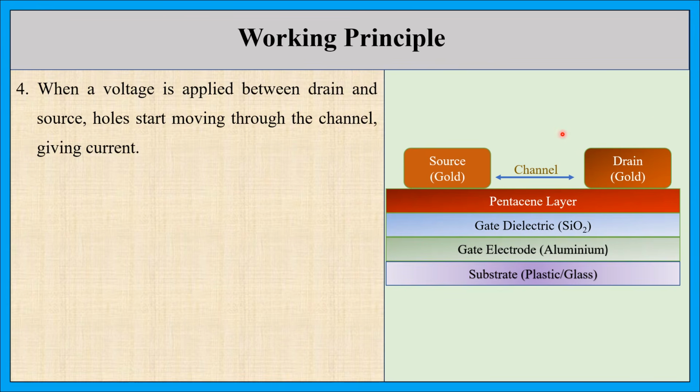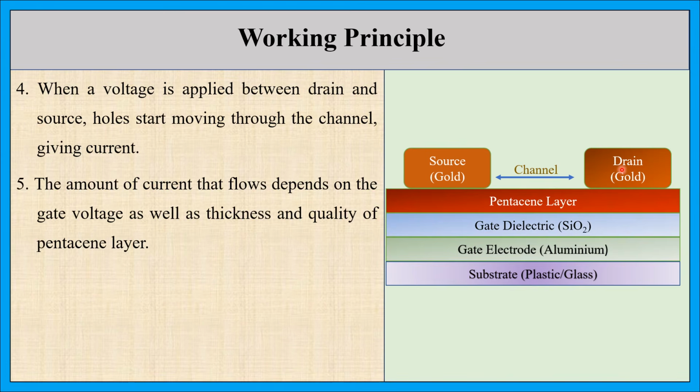That is, the charge carriers move from the source through the channel to the drain, giving the current. As the holes move, the electric current flows from the source to the drain. And the amount of current flow depends on the gate voltage as well as the thickness and the quality of the pentacene layer.